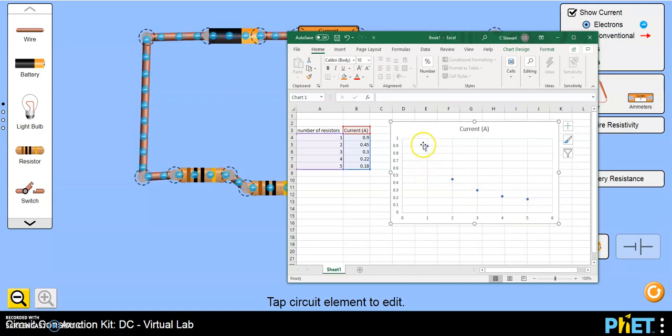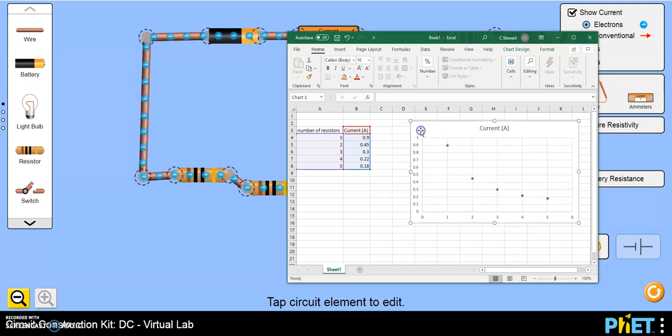Okay, now there's something else we can do with this, because plotting just the number of resistors and the currents isn't that interesting. What I really want to know is what happens to the total resistance when I increase the number of resistors. Now there's an equation that you need to know that you should have already covered that relates the current, the resistance, and the potential difference in a circuit.